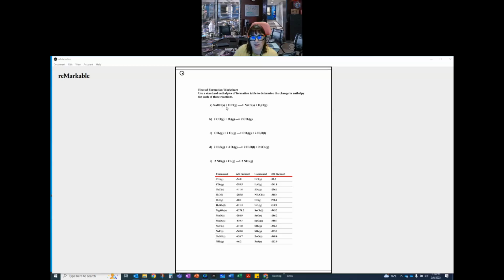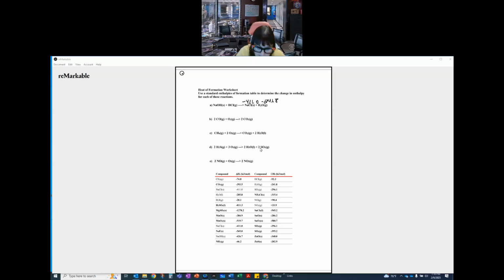We've got NaOH plus HCl goes to NaCl plus H2O. If I look down here, NaCl solid I see as negative 411.0. I see H2O, and it is gas, as negative 241.8. I see NaOH somewhere, better be in this list.